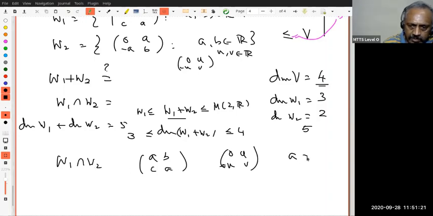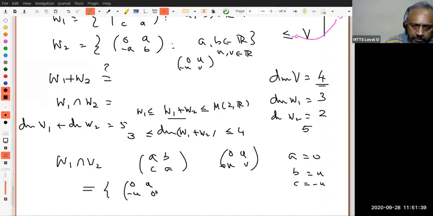That means A must be 0, and B must be U, and C necessarily is minus U, and A is 0. Therefore, this consists of all elements of the form 0, U, minus U, 0, where U varies over R. Are you following? Okay.